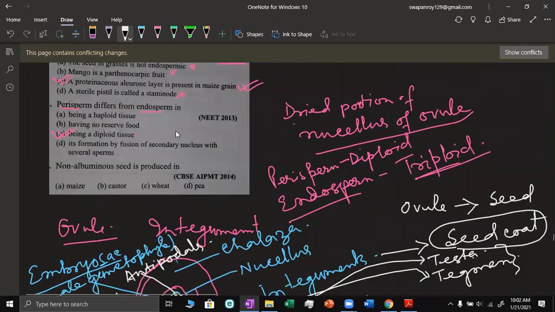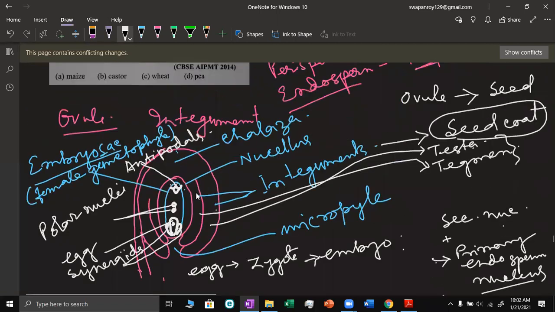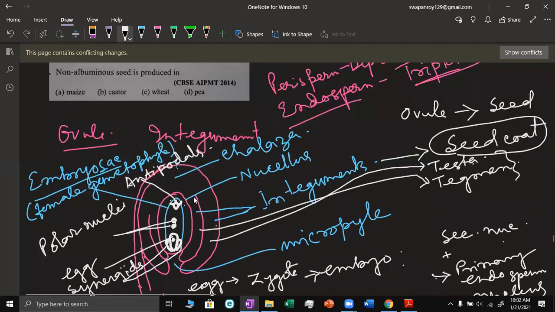Now the nucellus: in most cases the nucellus is completely utilized by the growing embryo and the embryo sac, but sometimes a little remains as a dried portion, and this nucellus forms the structure called perisperm.